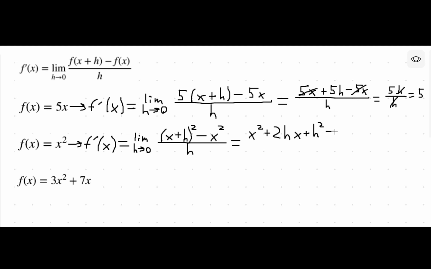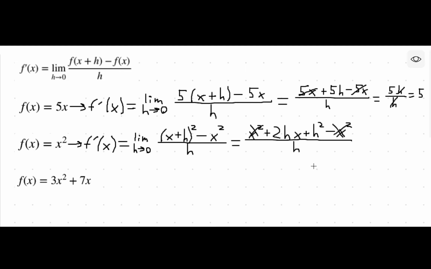And then I have a minus x squared at the end. So I have x squared and then minus x squared, so those cancel out. Now on the top I'm left with 2hx plus h squared. If I plug in h equals 0, I'm going to have a division by 0, which is what I don't want to have.